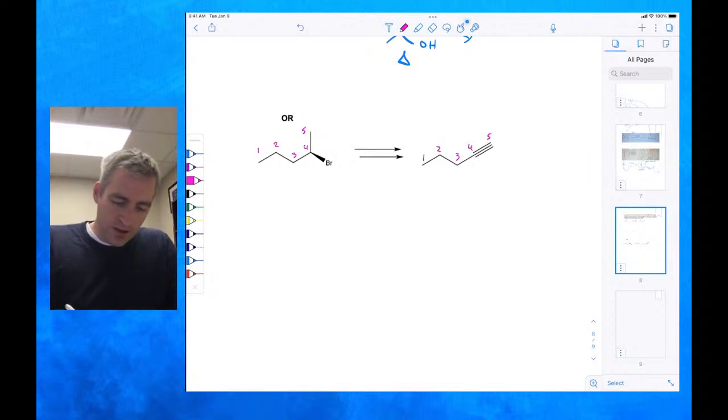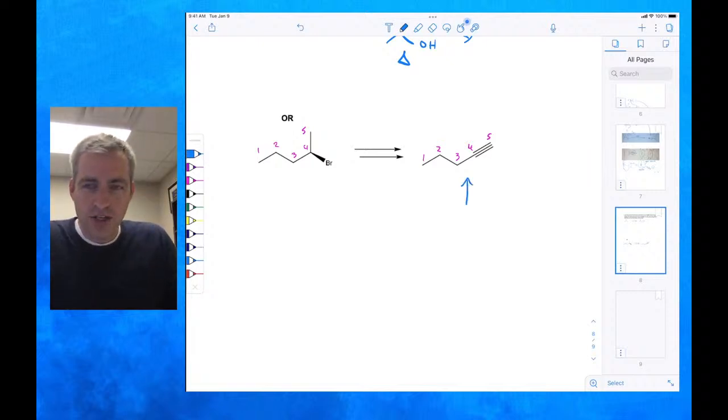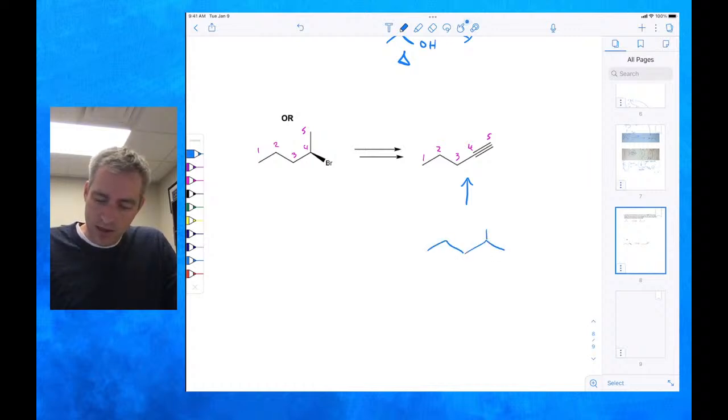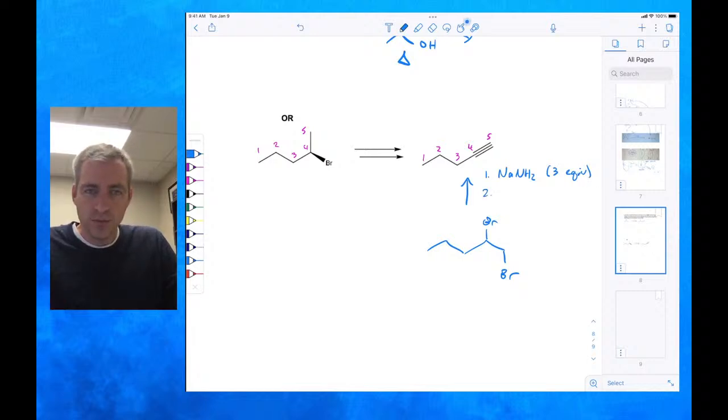So I like to think backwards in this case. We only know one reaction, again, that'll make an alkyne. And that would start with something like a vicinal dibromide. This is with your NaNH2, 3 equivalents, to some source of proton to put the hydrogen back on that end carbon up there.